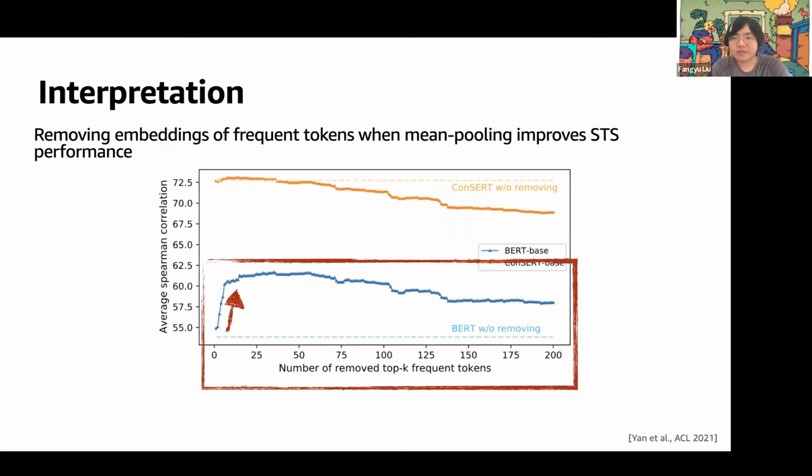There is another piece of evidence from Yan et al., ACL 2021. When they computed sentence embeddings, they simply removed the most frequent tokens' embeddings when computing the average. If you look at the red box, if they remove around the top 10 most frequent tokens when computing the mean pooling of the embeddings, the performance of the model suddenly jumped from 55 to above 60.